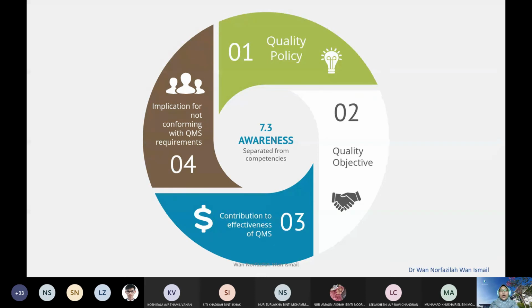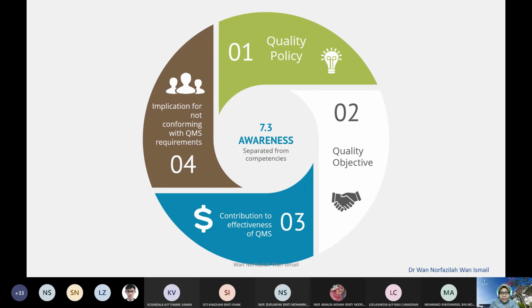That is awareness. So how to give awareness to your colleagues? There are so many things. Okay, one of them is by putting the quality policy on the wall of your laboratory. That is awareness. Okay. Second, not only quality policy, you need to make sure everyone aware with the quality objective of your organization.